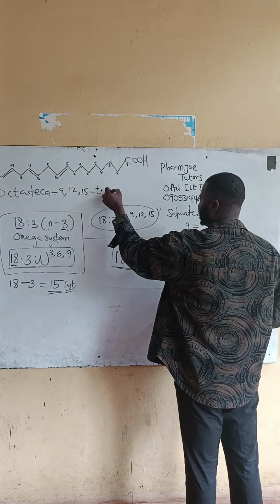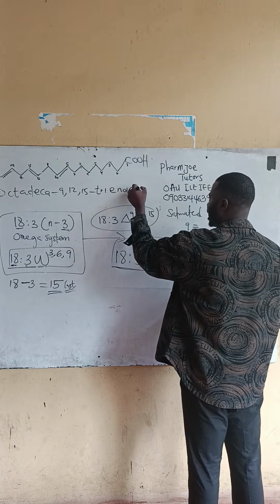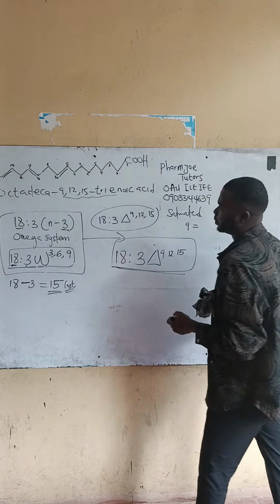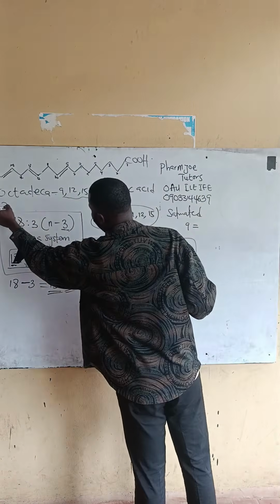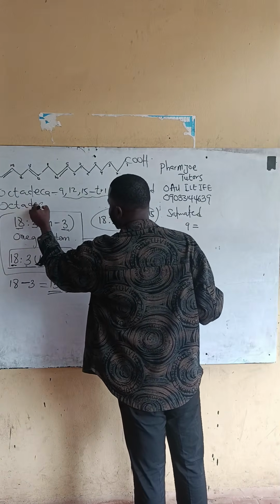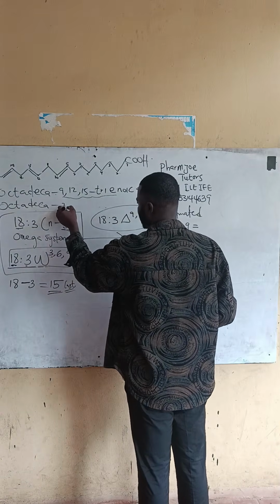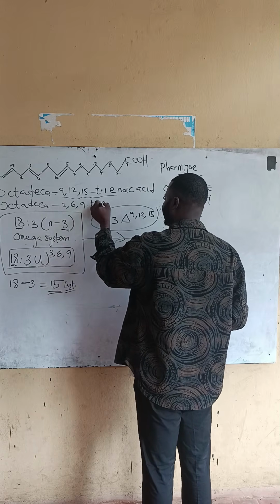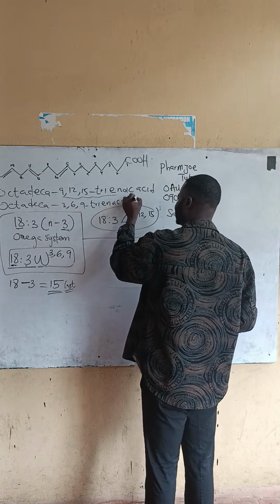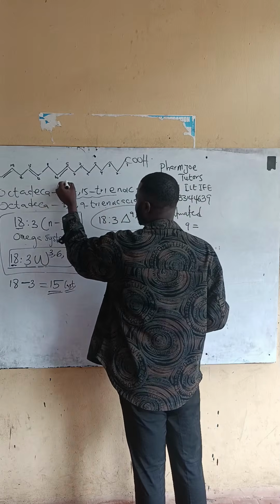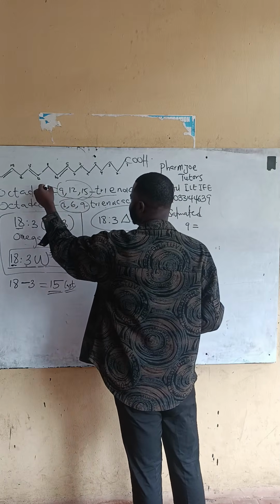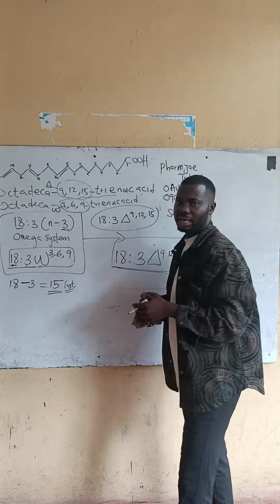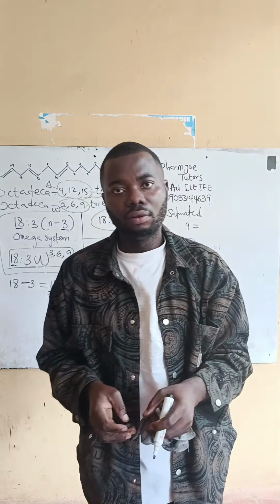Trienoic acid. The 'en' is telling us about the position of the double bond. Now, all you can say is octadeca, 3, 6, 9, trienoic acid. The two of them are the same. The only thing is that this is according to delta, this is according to omega. I think that is all.